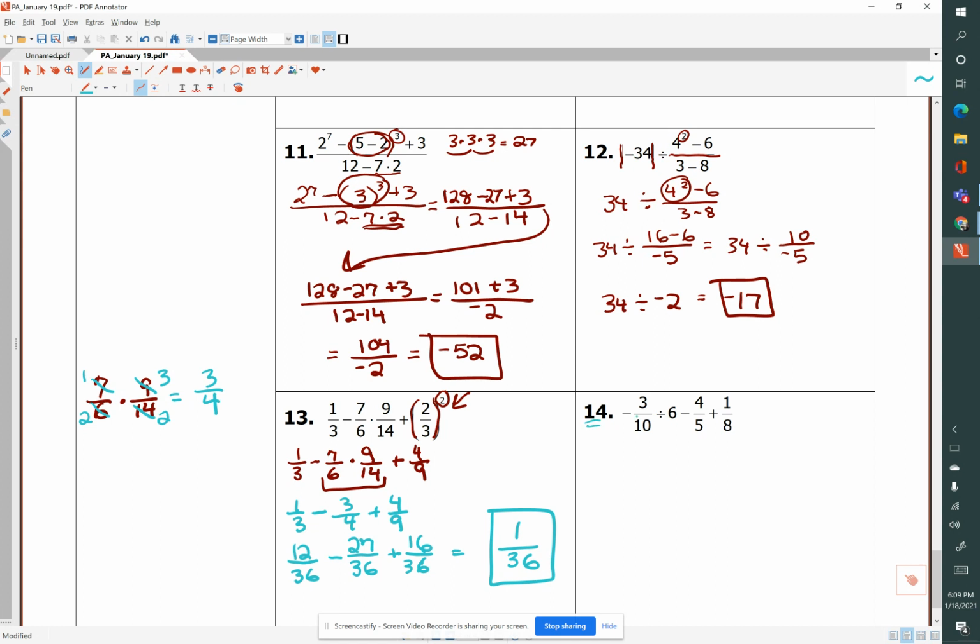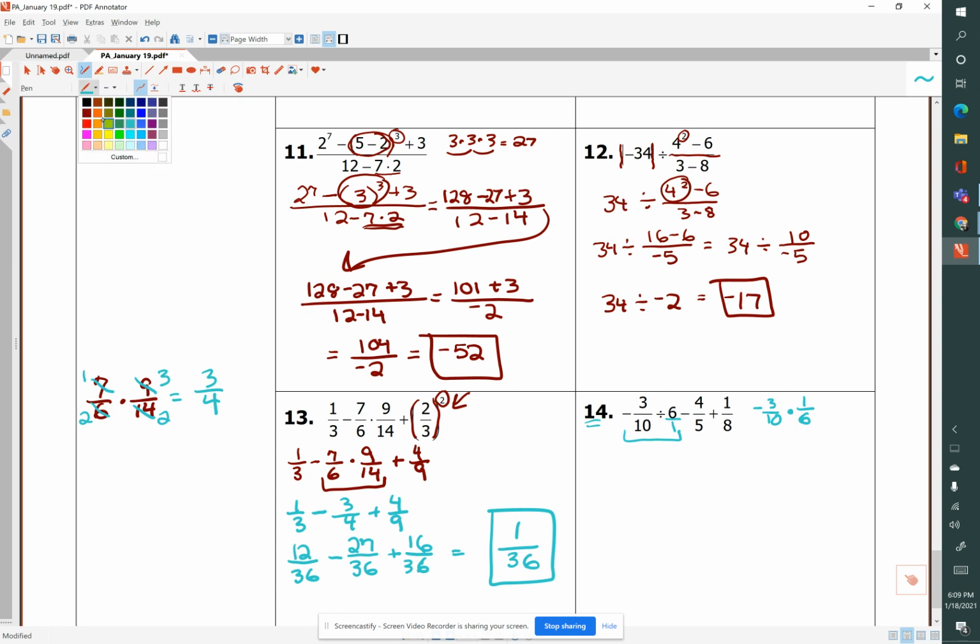So number 14, negative 3/10 divided by 6 minus 4/5 plus 1/8. So we're going to think of 6 as 6 over 1. And remember, we have to start with division. We're going to use our keep, change, flip rule, which will be negative 3/10. Keep it, change the division to multiplication, and flip the next fraction.